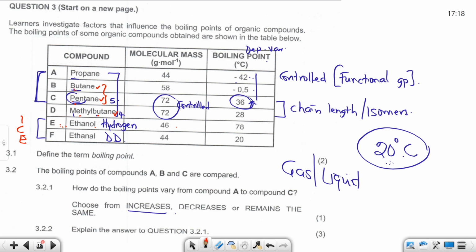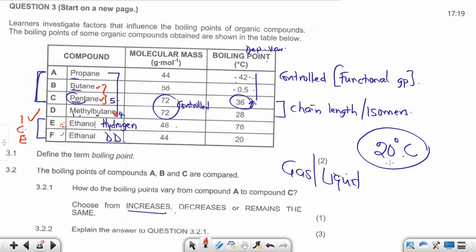E has hydrogen bond. F has dipole. 1 mark. Leave, we all know it's intermolecular force.